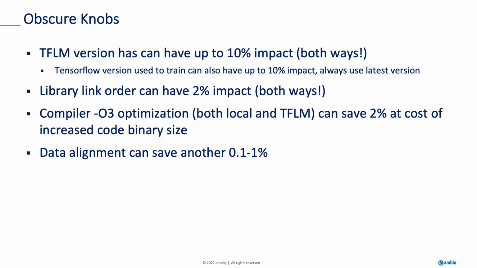The -O3 flag is the maximum level of optimization for GCC. I find that it saves about 2%, but it increases the TensorFlow Lite for microcontrollers library by about 10% in memory and binary size. So if you can trade off some MRAM for that 2%, do so. Otherwise, optimize for size, and you will lose that 2%, but it's a very application-specific optimization.